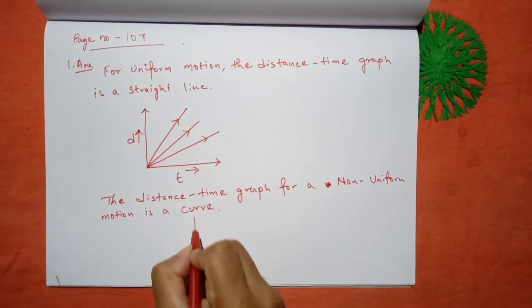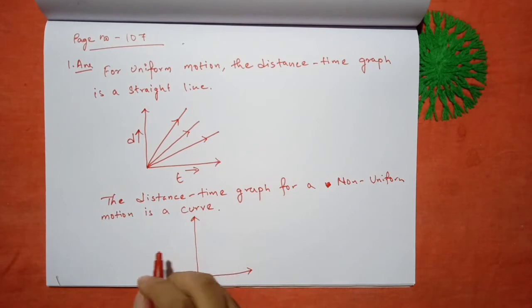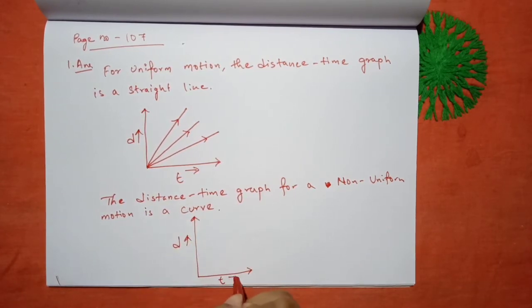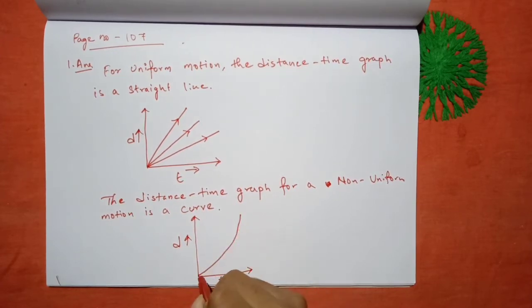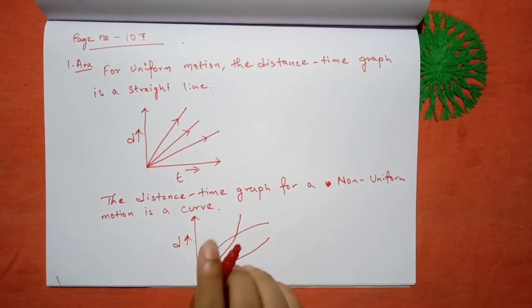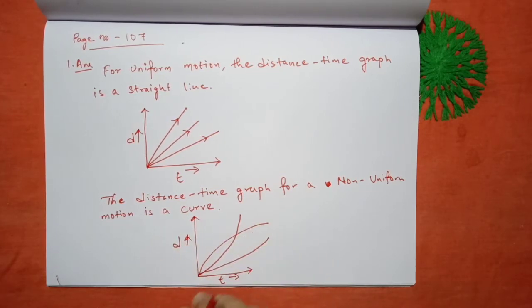Remember, the distance time graph of a non-uniform motion, this is the distance, this is the time, is always curved. It can be like this, it also can be like this, it also can be like this. So for uniform motion, the distance time graph is a straight line, and for non-uniform motion, the distance time graph is a curve.